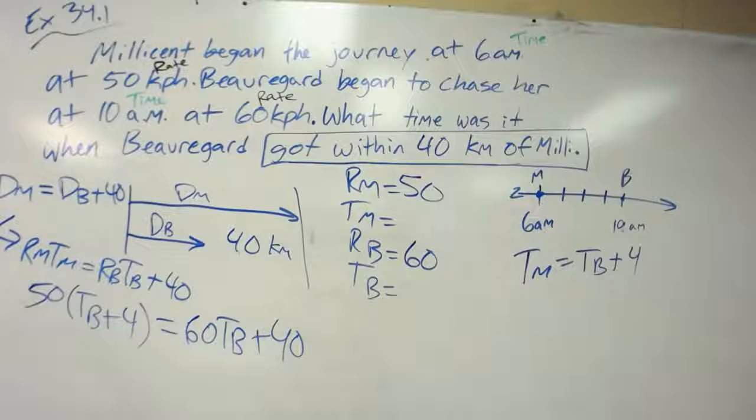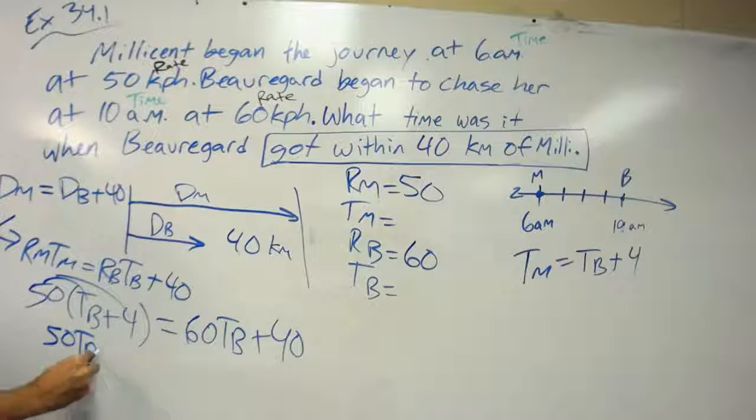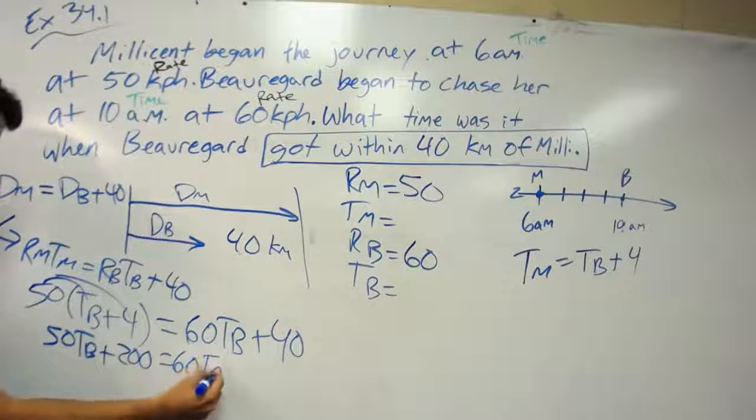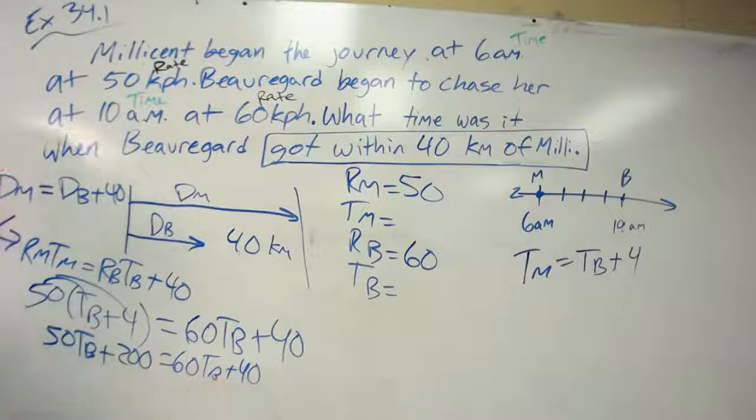Order of operations is to multiply before we add anything, so we multiply by distributing. 50 TB, that's 200, equals 60 TB plus 40.